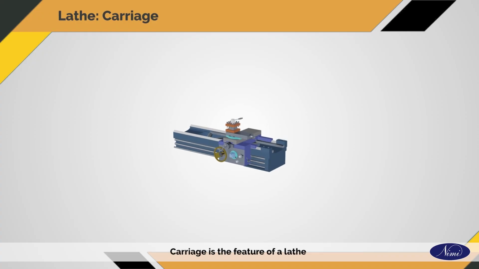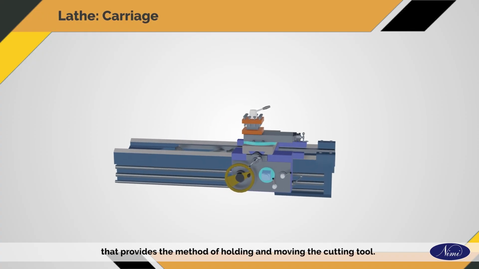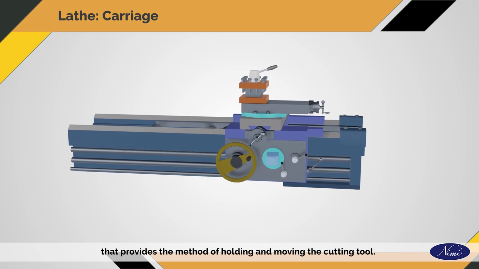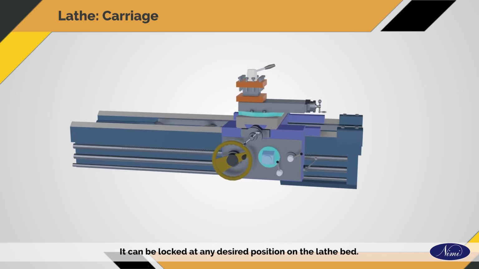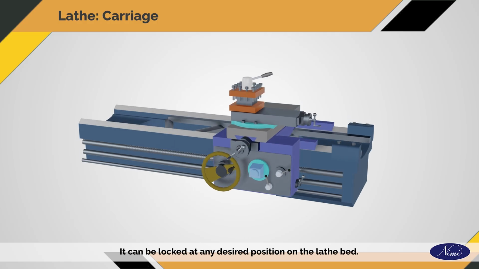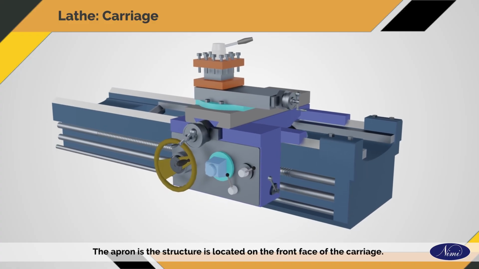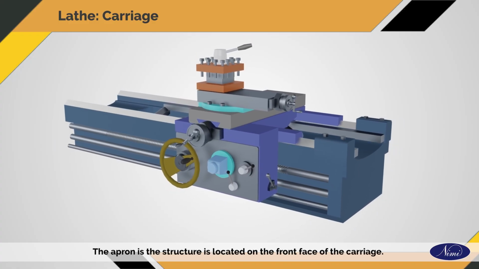Carriage. Carriage is the feature of a lathe that provides the method of holding and moving the cutting tool. It can be locked at any desired position on the lathe bed. It consists of 2 major parts, namely apron and saddle. Apron. The apron is the structure located on the front face of the carriage.